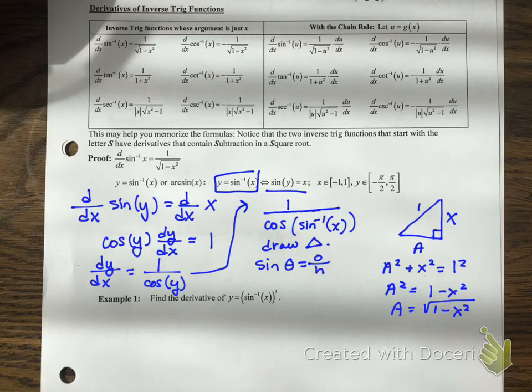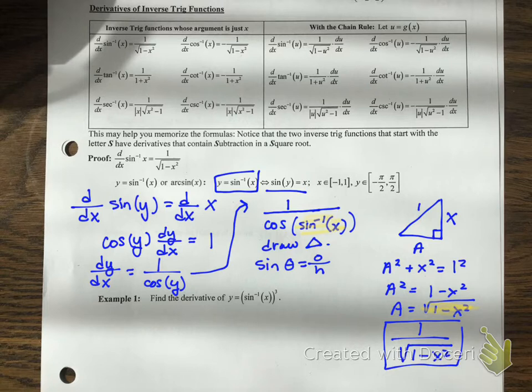So now if I plug in what I just found, the square root of 1 minus x squared, for cosine of inverse sine of x, because we just found out what that equals, we get the statement 1 over the square root of 1 minus x squared. Okay, so there you go. So that's how we got that.